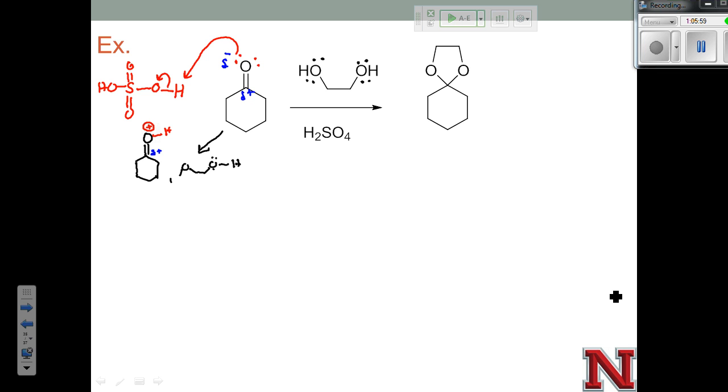One of the high oxygens, it doesn't matter which one, eventually both of them are going to react. And we're going to show one at a time. So it's going to react with our partial positive carbon, and remember, we have to push electrons onto our oxygen.